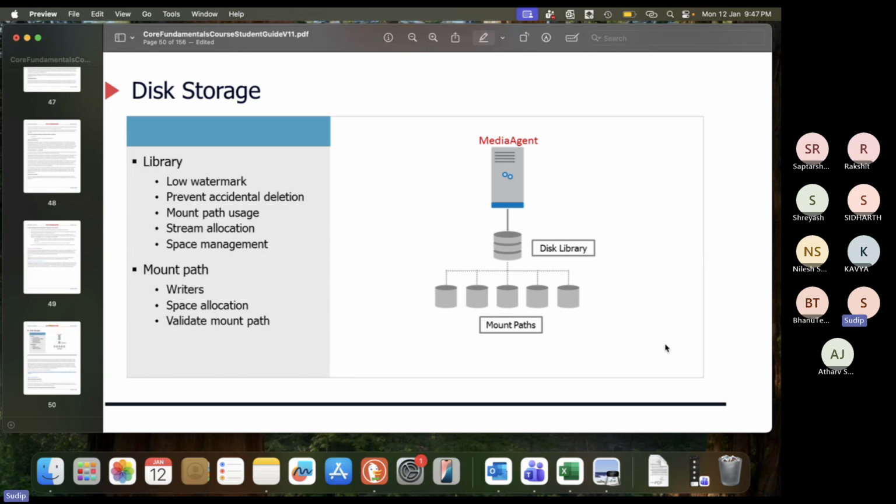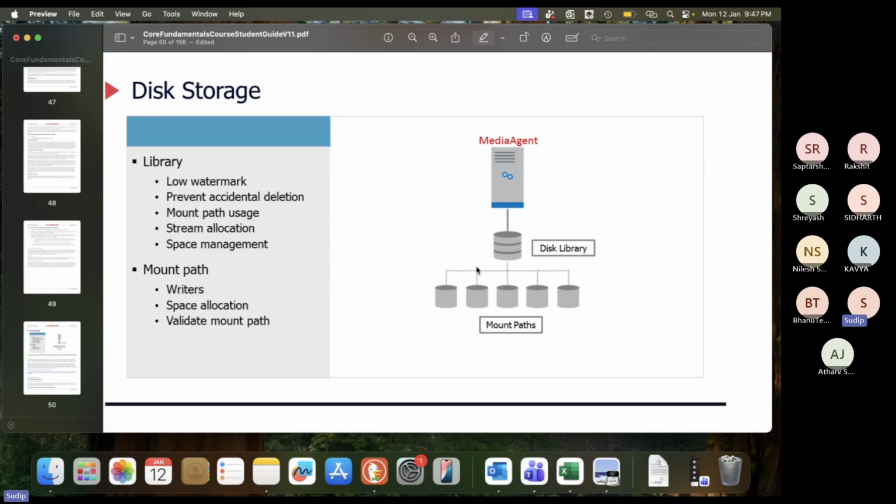That's not acceptable, so you have to complete the backups as fast as possible. And one control that Commvault gives from the media agent is called stream allocation. Dynamically, you can increase the number of streams the media agent uses to simultaneously write data fragments onto the underlying storage.